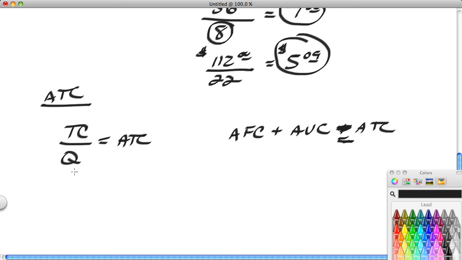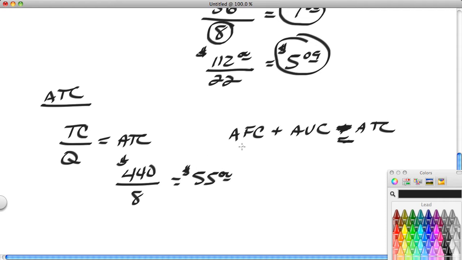Okay, so let's skip 0 because we've already driven that idea home. So let's say that we actually add one worker and our total cost in producing output with one worker is $440. So our total cost is $440 and we've produced 8 units. Well, what is our average total cost? $55.